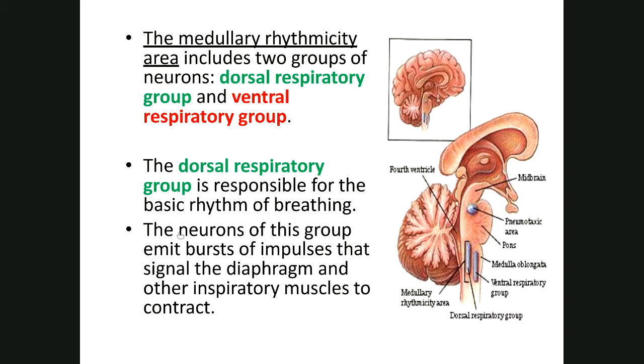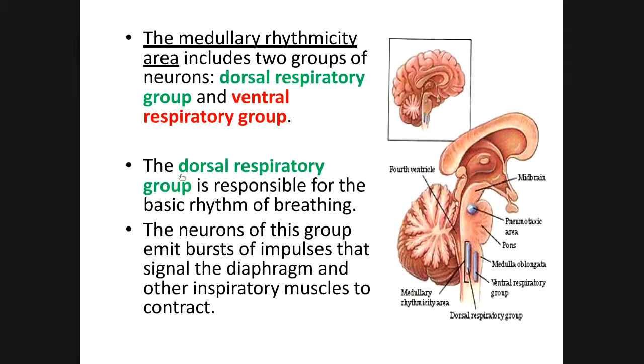The ventral group controls the accessory muscles in inspiration and expiration, while the dorsal respiratory group controls inspiration in quiet breathing. As we mentioned, expiration in quiet breathing is a passive process. It doesn't require muscle contraction.